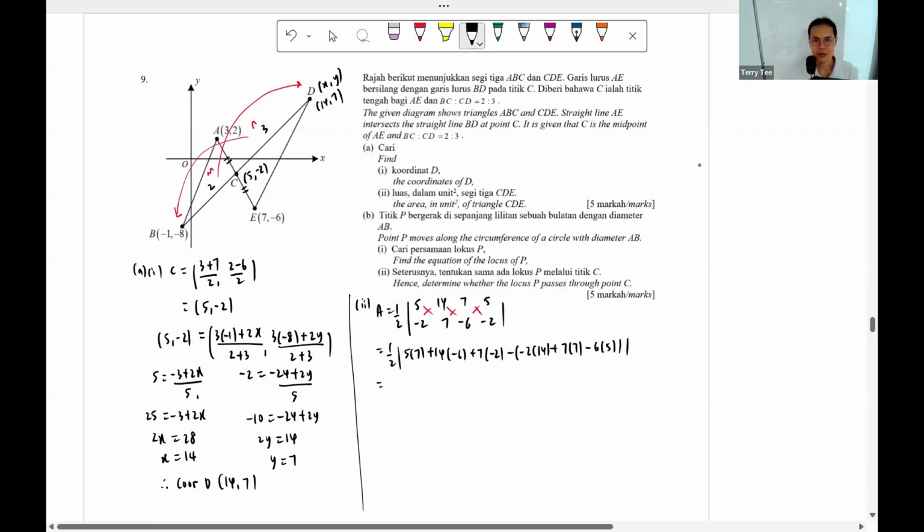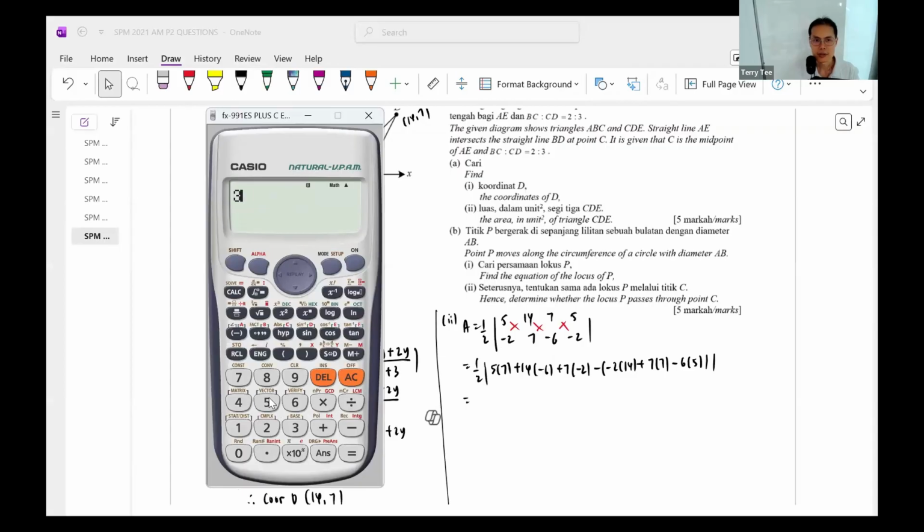Okay, this is 35. Then minus 24, this is 24. Minus 14. This is minus 28. Plus 49. Minus 30. So guys, this answer is 6. So half of 6 is what? 3. Very small value, huh?